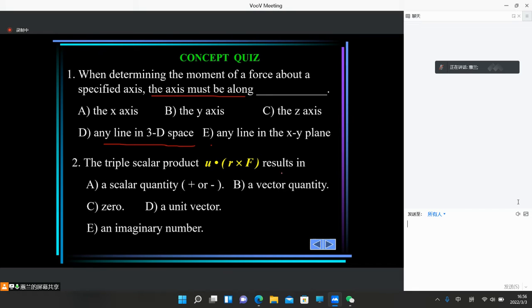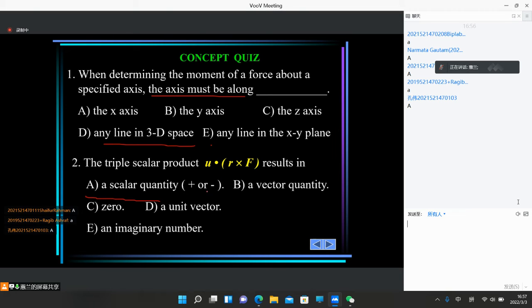The triple scalar product results in a scalar quantity, can be negative or positive, a vector quantity, 0, unit vector, or an imaginary number. Which answer do you choose? It's obvious. It's a scalar quantity because the dot product will produce a scalar, right?